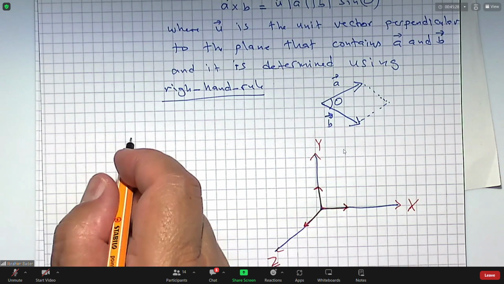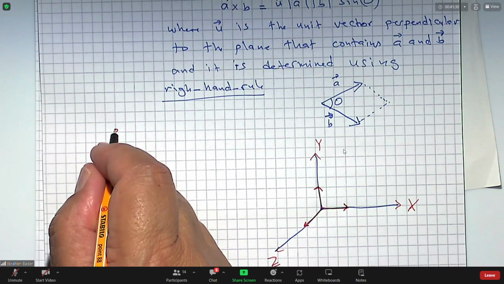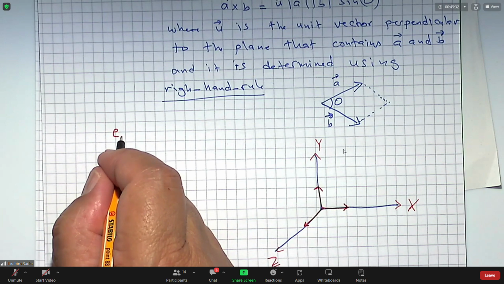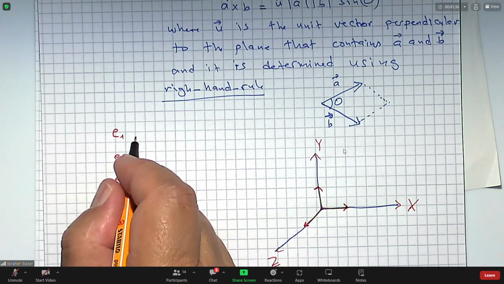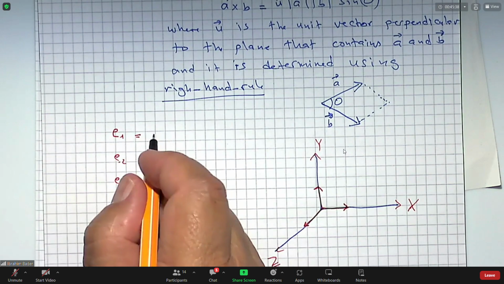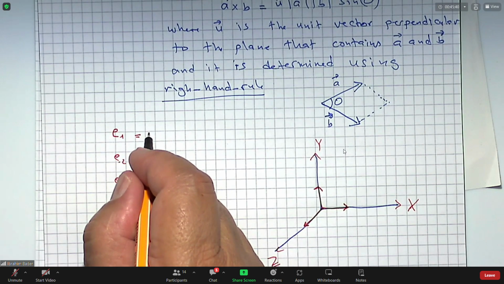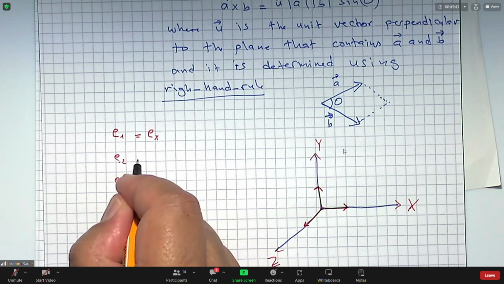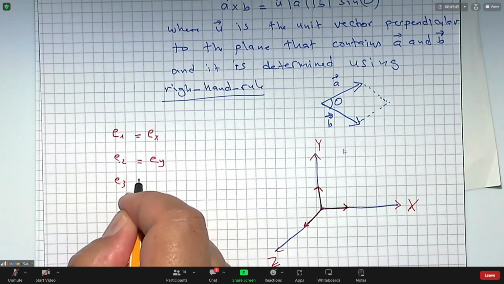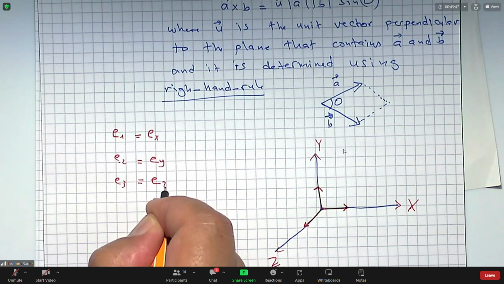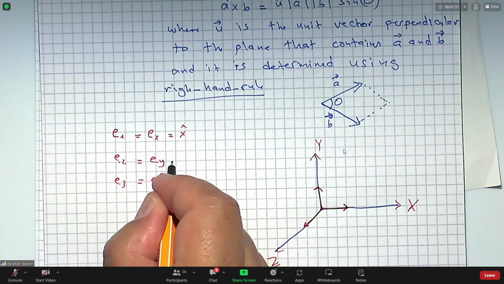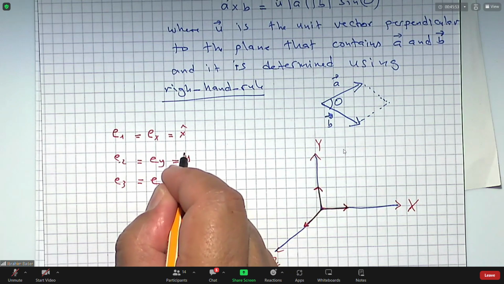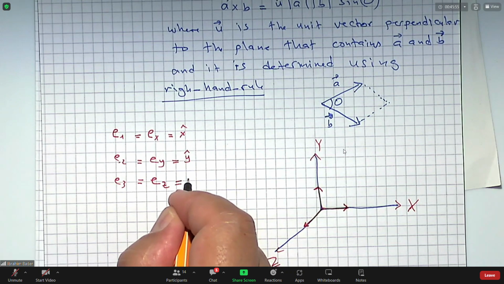You remember we called them E1, E2, E3. Some textbooks call them E sub X, E sub Y, E sub Z, or in some literature they just refer to them as X, Y, Z with a bold hat on top.